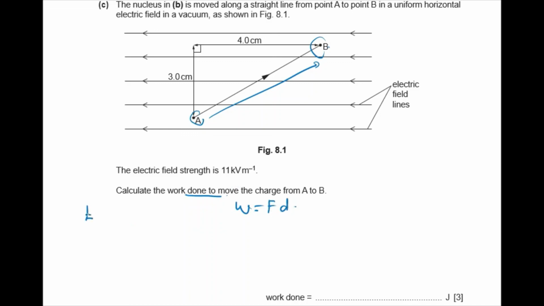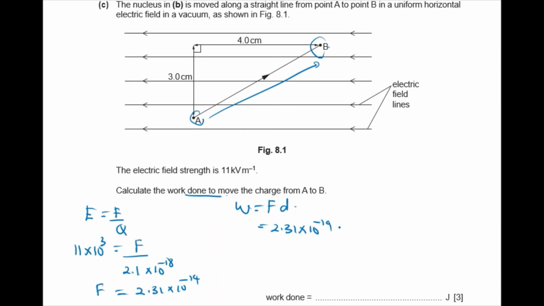Electric field strength is force divided by charge, 11 kilo. We want to calculate force, and the charge is 2.1 times 10 power negative 18. Force equals 2.31 times 10 power negative 14 newton.